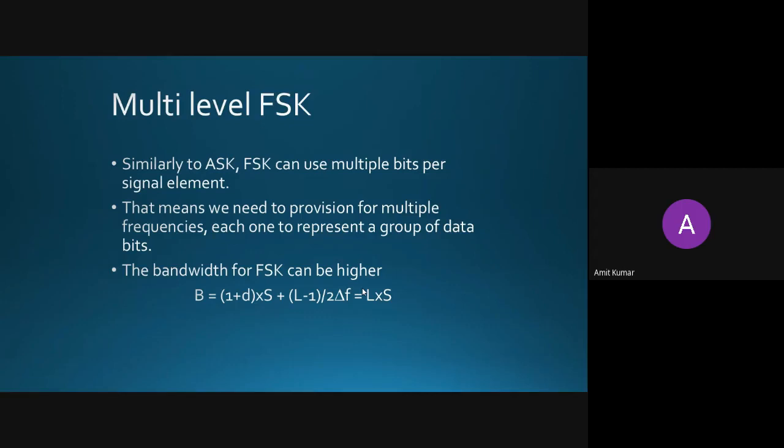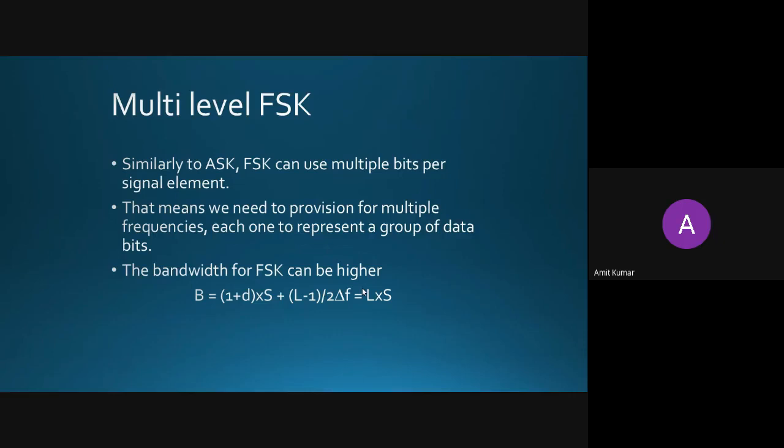After the simplification, the other terms have very little significance as compared to L, so you can just neglect those terms and come up with the solution that it will be represented by L multiplied by S, where L is the number of levels and S is your baud rate.